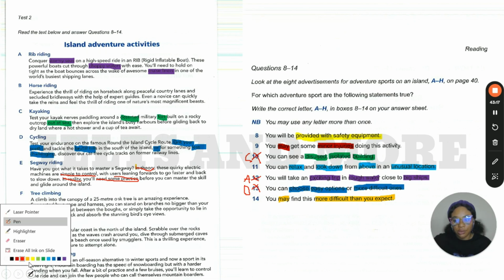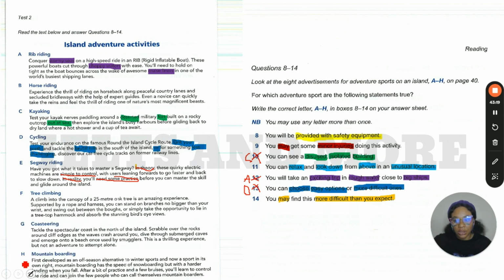But you just keep moving. You still might come across it. So we've done number 14, and number 14 can be found in paragraph E.